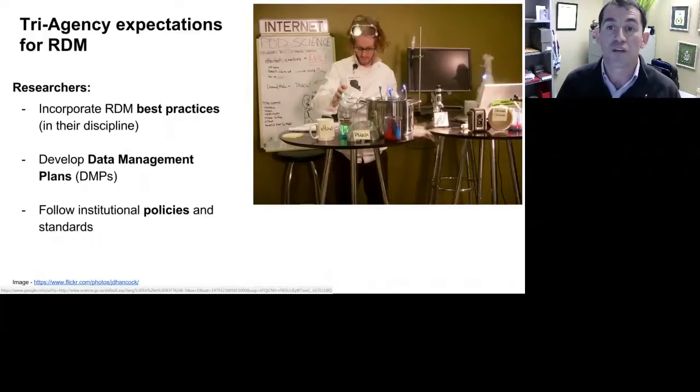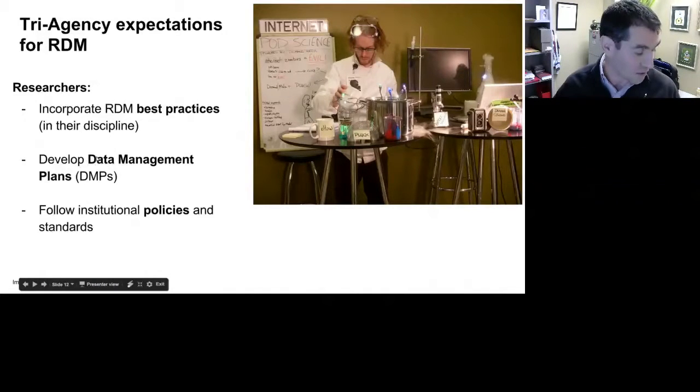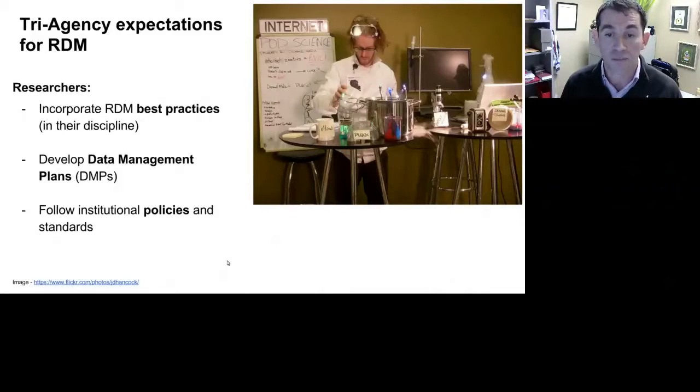So first you have to develop those best practices. You will be expected to develop a data management plan. I will be talking about it quite a lot today. And you will need to follow institutional policies and standards. I know many of our institutions, including UBC, are trying to create a comprehensive, holistic policy for data. And right now, I only know University of Alberta has one.